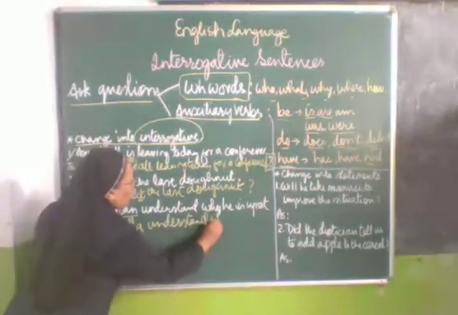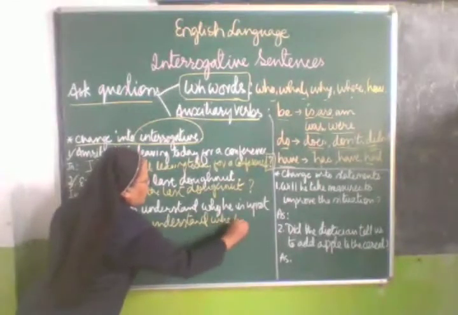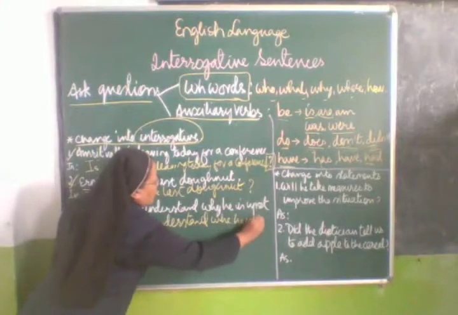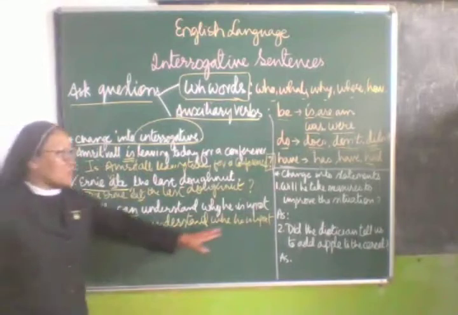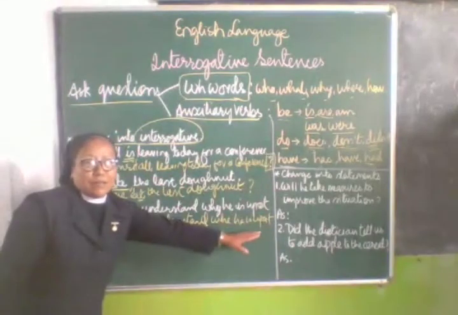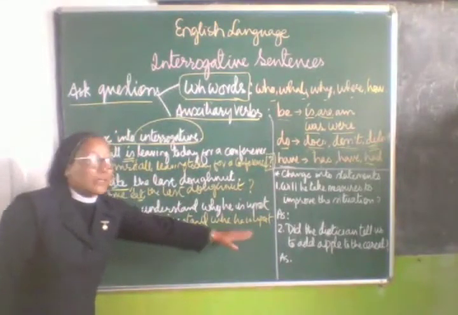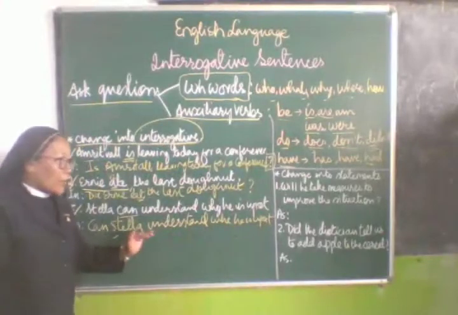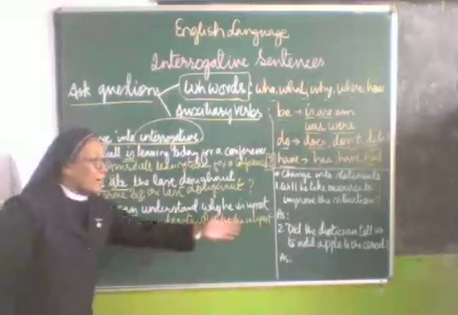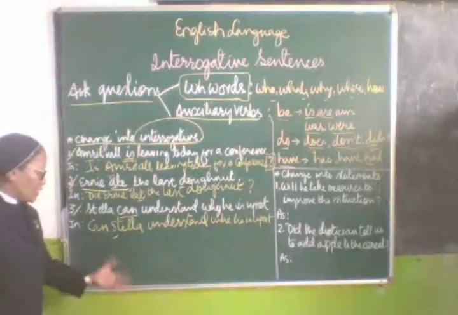Why he is upset. Okay, I just marked a full stop. So this will make my sentence incomplete as an interrogative. So I will have to change my full stop into a question mark.